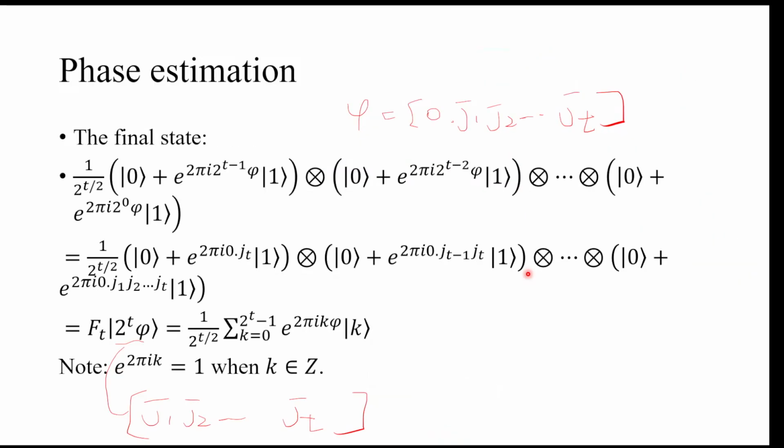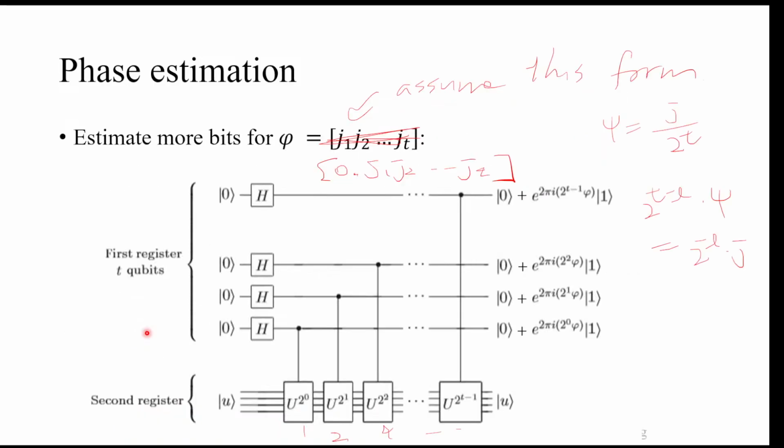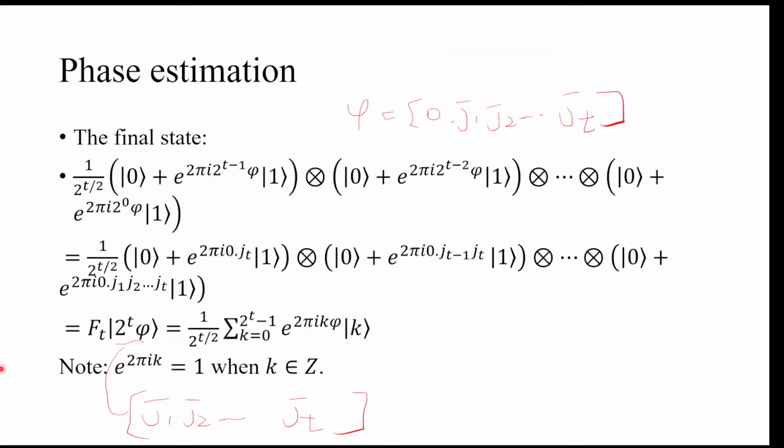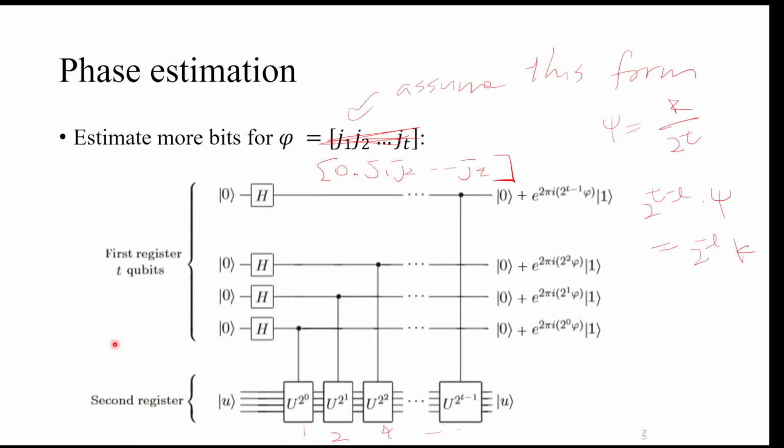Here we do the derivation again. We see that this thing is just the Fourier transform of 2 to the t times phi. Here I'll give a different name: if our phi is some k divided by 2 to the t, then the end result is the Fourier transform of k, where k is 2 to the t times phi.